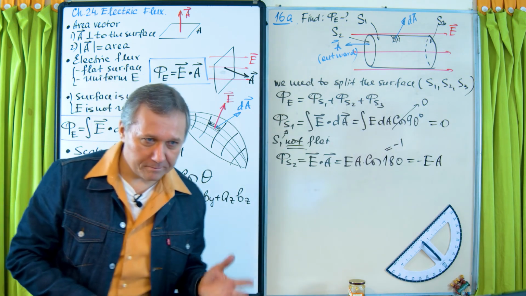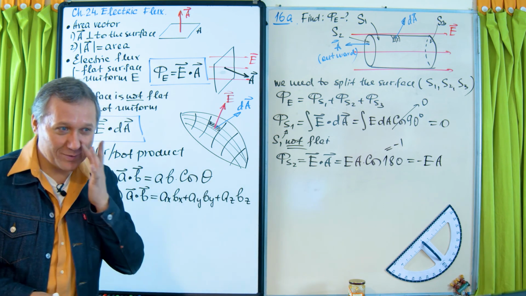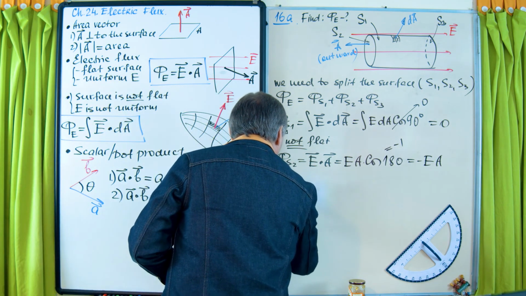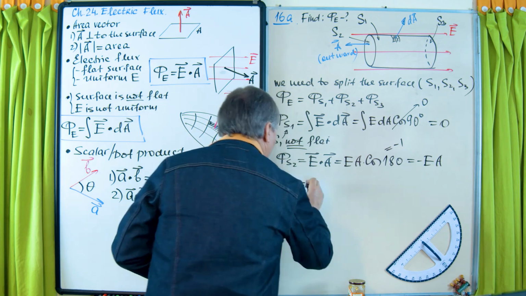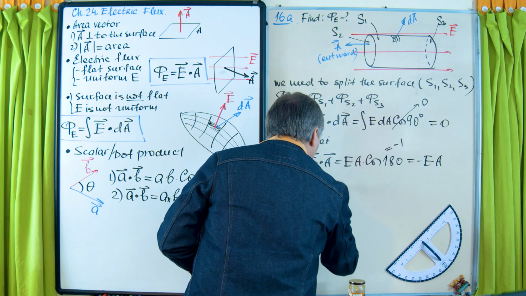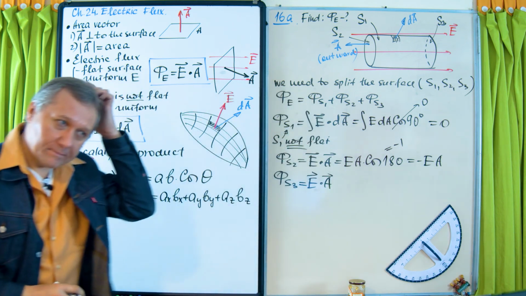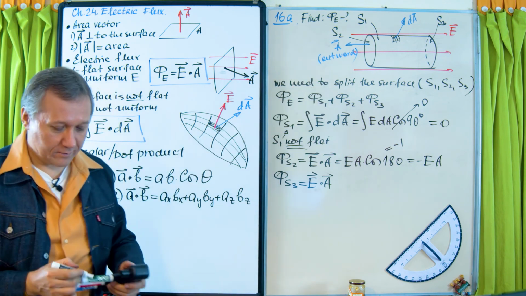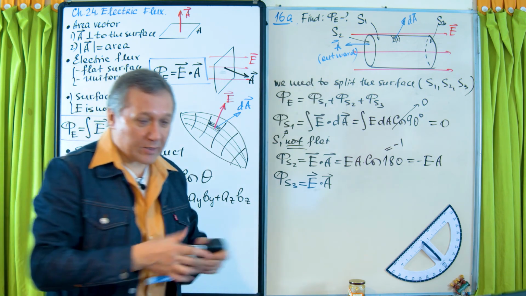Numbers are not given. You will see in a second why numbers are not given. Now let's do the same for S3. Again, it's flat, so we can use E dot A. Let me draw the area vector. Again, it must point outward.